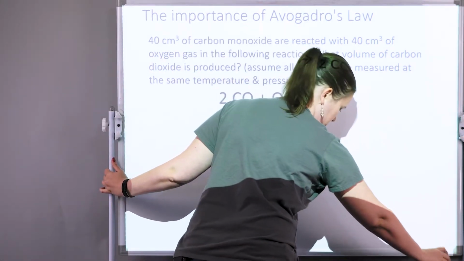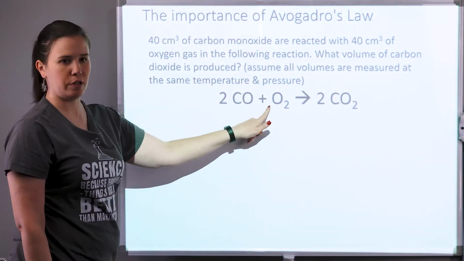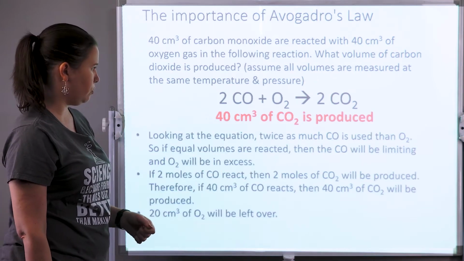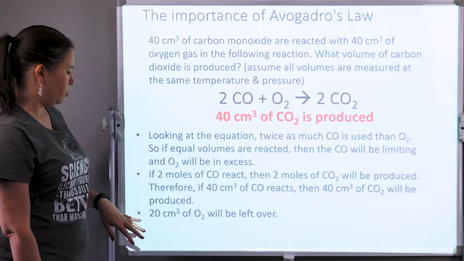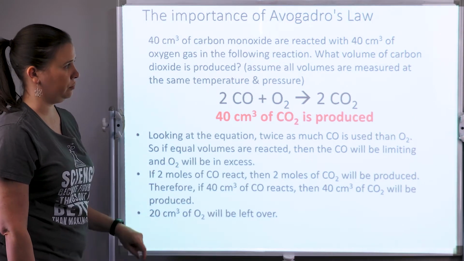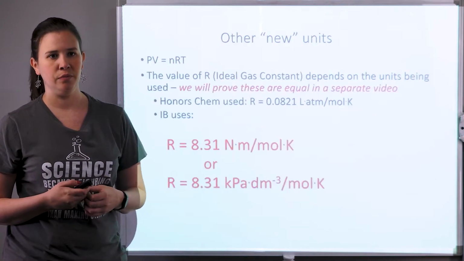So if you're given the volume for one, you can determine the volume from the other, just from our mole ratio. In this one, we produced 40 cubic centimeters of CO2. Twice as much CO being used than O2 will leave a remainder of 20 cubic centimeters of oxygen as well. So that's another way to approach problems using Avogadro's Law.